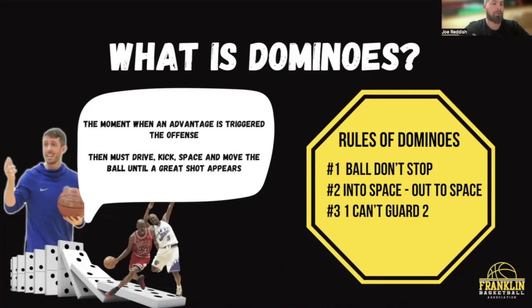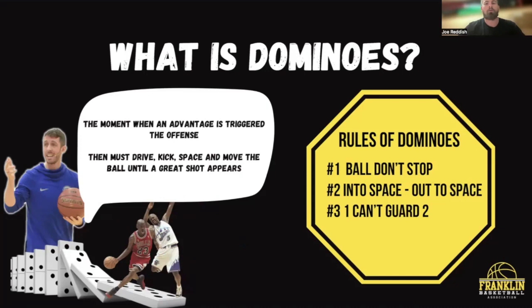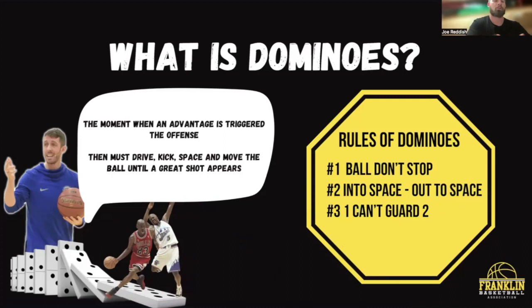When we get into domino situations, there's going to be advantages out there for the offense, because most likely, just like this picture here, there's going to be one less player in rotation because I've just beaten someone. So as we're moving around, the offense needs to space in a way that makes it hard for people to guard two players at once. So how do we exploit this? Well, we might exploit it with a cut. We could exploit it by lifting and moving around the ball, push and pull, all those types of things.